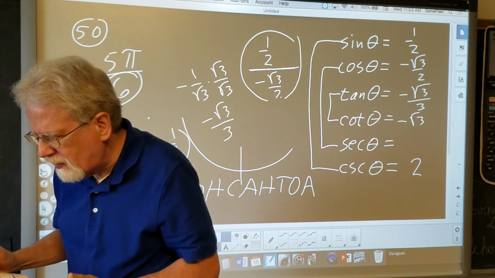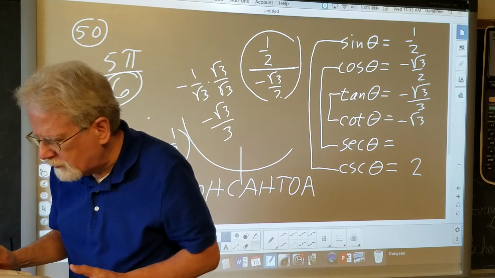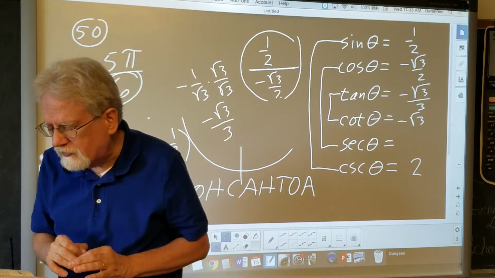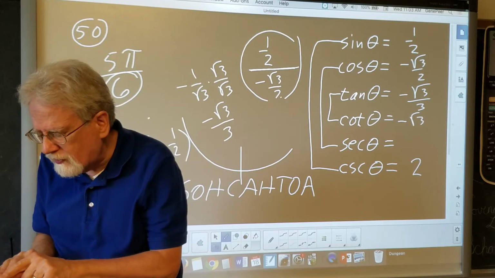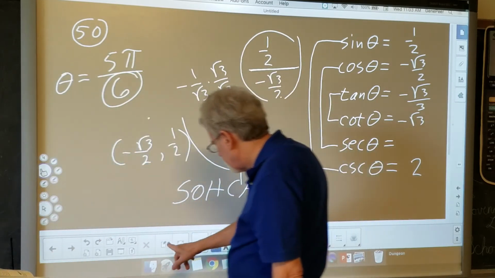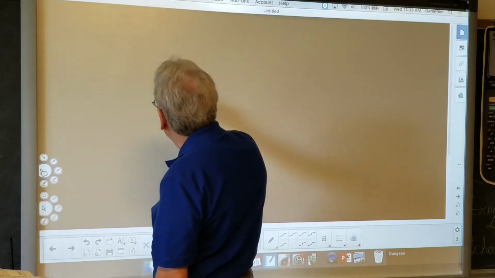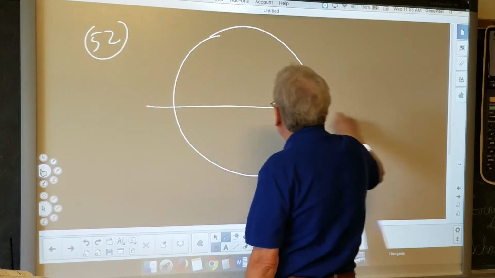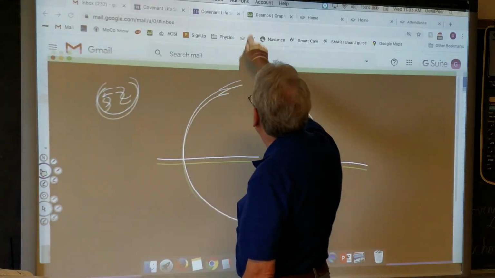Now, for almost all of the remainder of the assignment, I am not going to go through the glorious details. I will comment on number 52. How do you find 240 degrees? To find 240 degrees, this is number 52. There. Whoops, sorry.